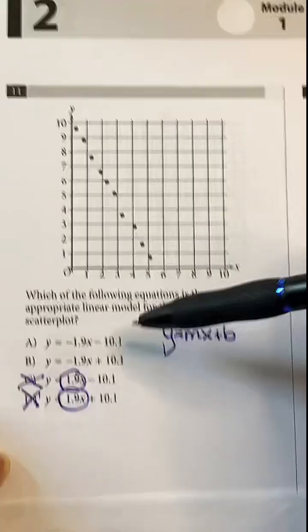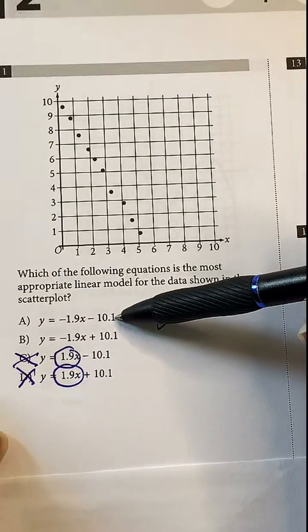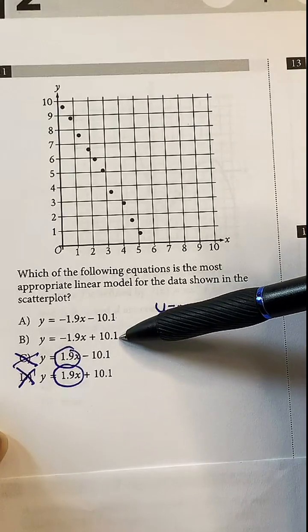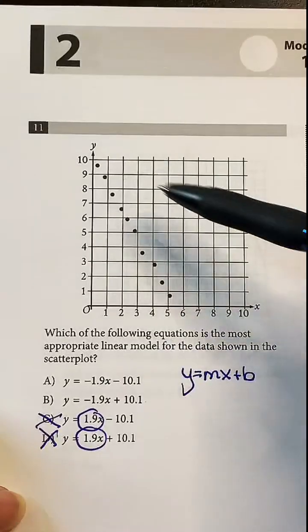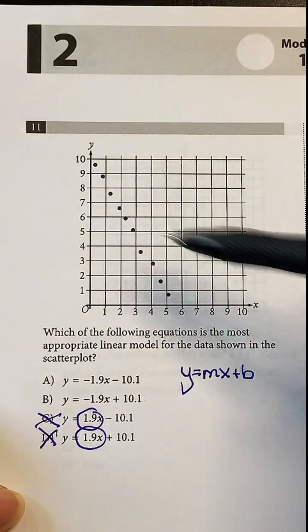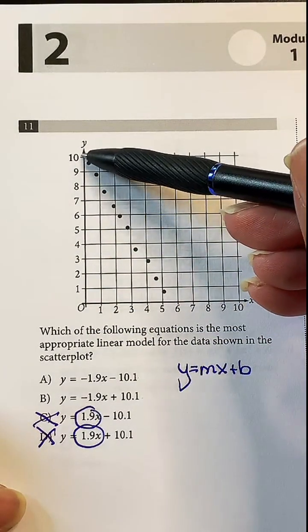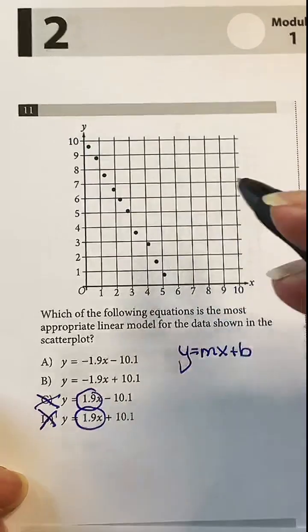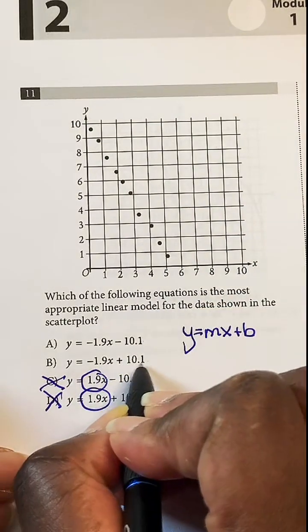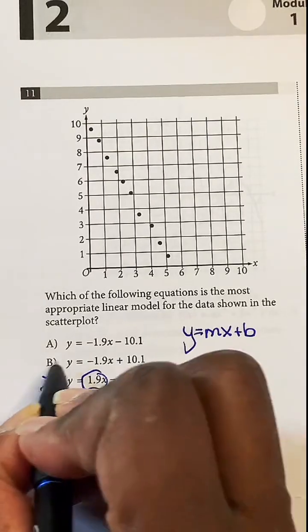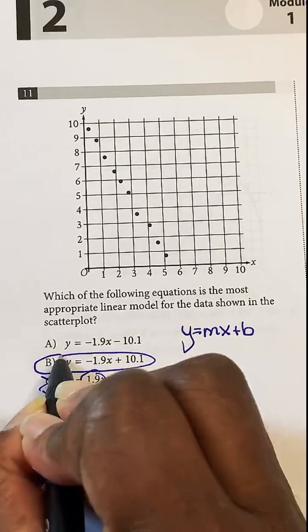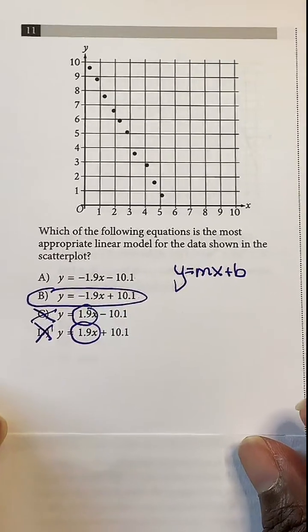We have one at negative 10.1 and the other at positive 10.1. Well, my X's are positive, my Y's are positive. So if it's going to be somewhere around here, that means we're dealing with the one that has a positive y-intercept. So our answer will be B.